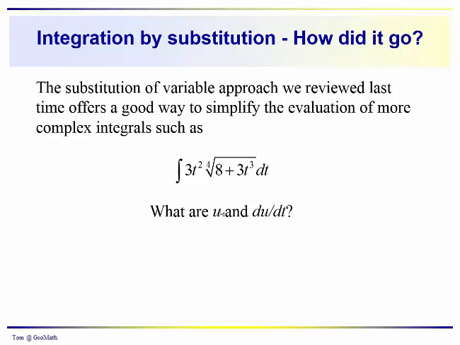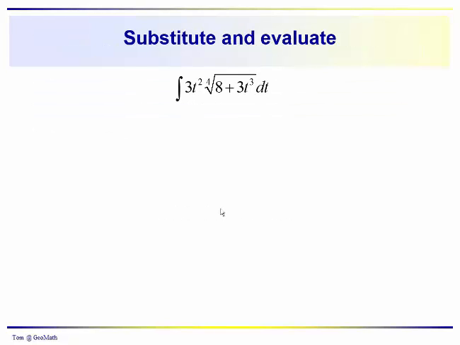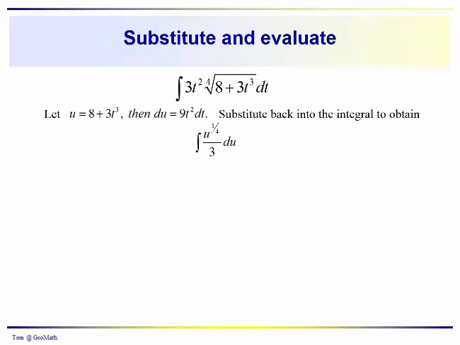So how did you do? In this problem, it's kind of obvious what u would be, and it usually is in these cases. We've got 8 plus 3t cubed inside the radical, so we're going to let u equal 8 plus 3t cubed. Then we calculate du dt of 8 plus 3t cubed, and we see that du would be 9t squared times dt.